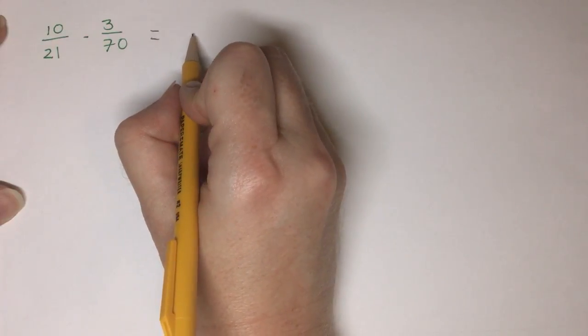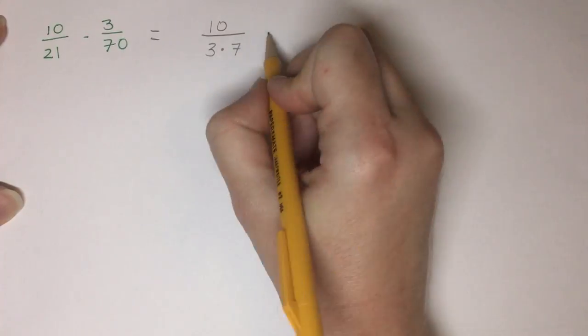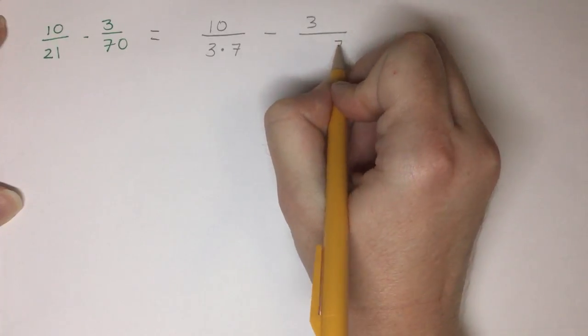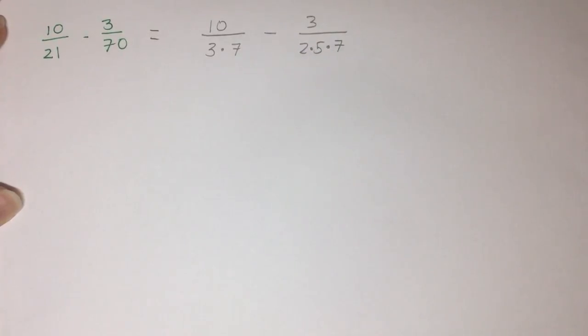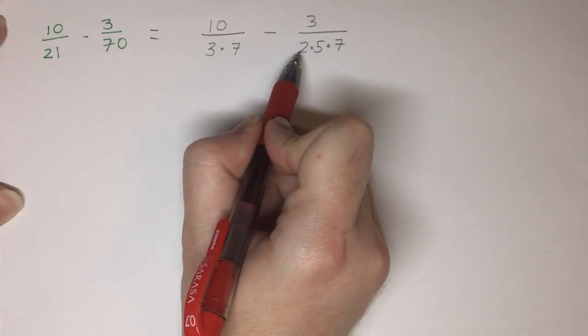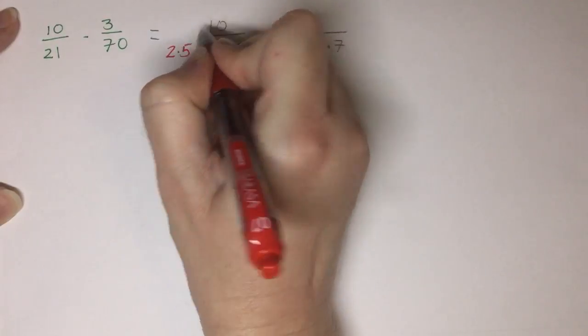I need to have the same denominator. 21 is 3 times 7. 70 is 7 times 10. 10 is 2 times 5. So, the first fraction is missing a 2 and a 5. So I need to put in a 2 and a 5.